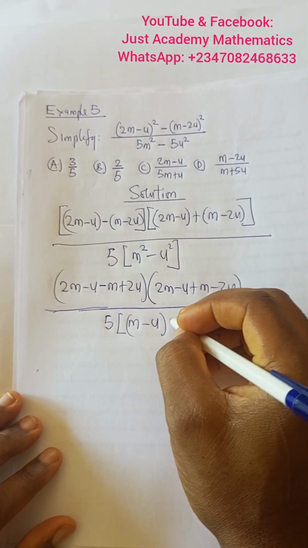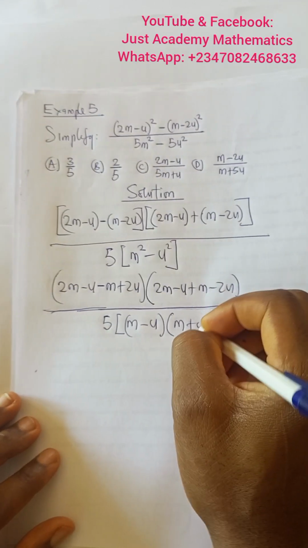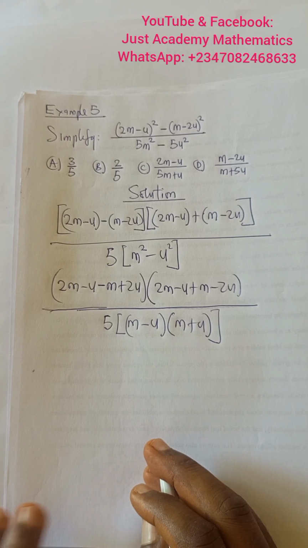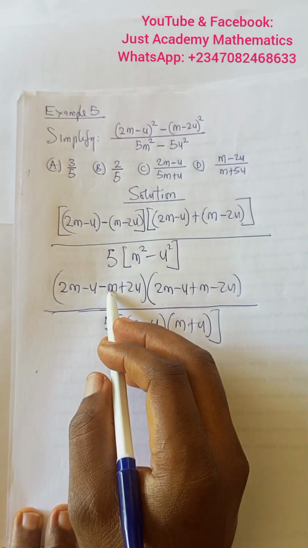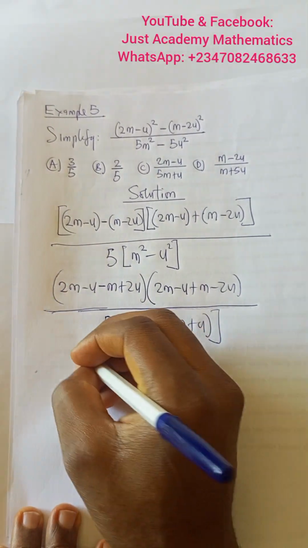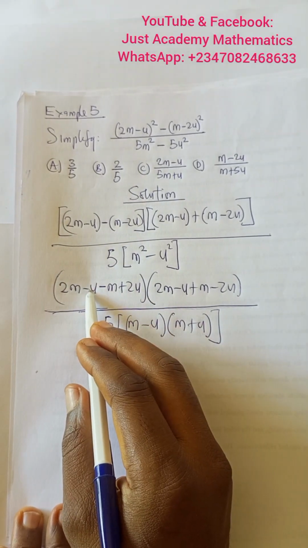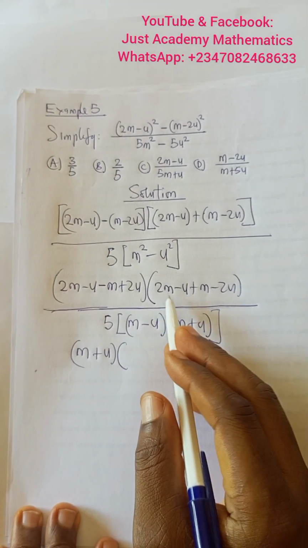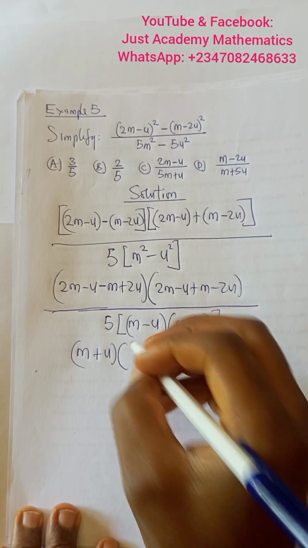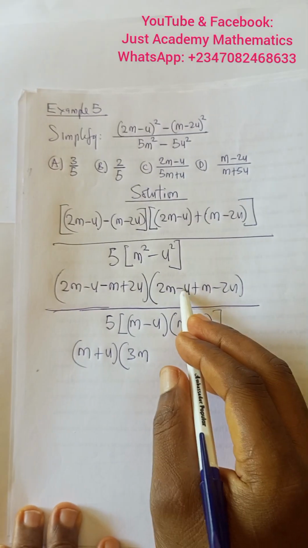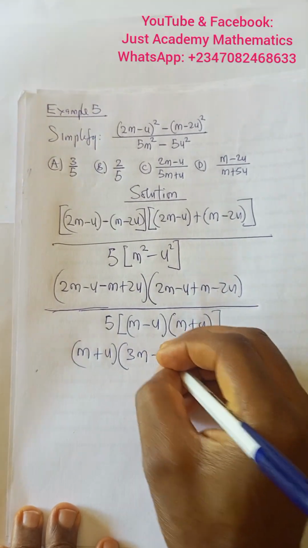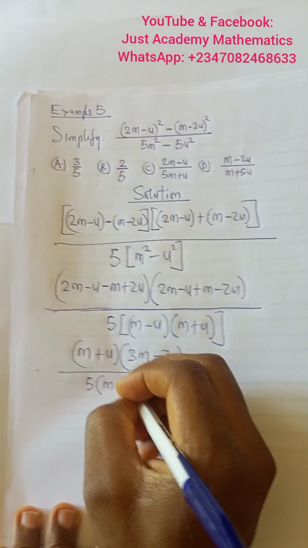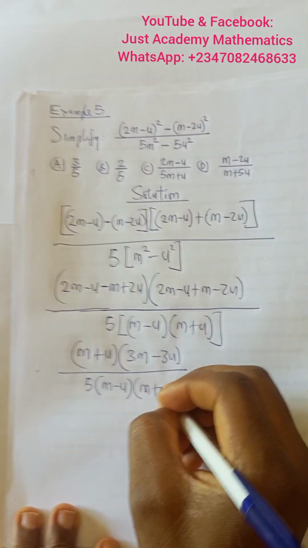We apply difference of two squares yet again, m plus u. If you have been following my class, these things are simple now. We've done all that. So 2m minus m is m, minus u plus 2u will be plus u, times 2m plus m is 3m, minus u minus 2u is minus 3u, obviously. So we have 5 times (m minus u)(m plus u).